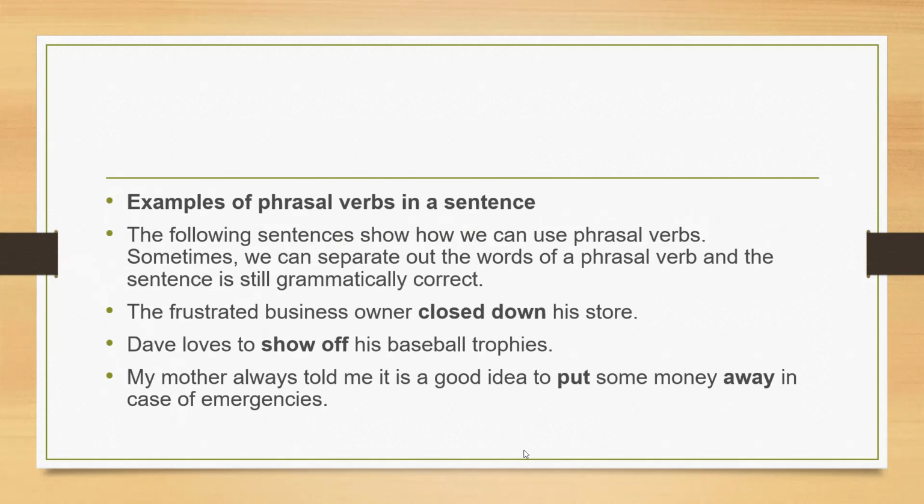Now, I told you that when these verbs and prepositions or adverbs come together, they change the meaning totally. The frustrated business owner closed down his store. Now, there are two words we can see, and they form one verb, close down. The first one, close, is a verb, and down is a preposition.